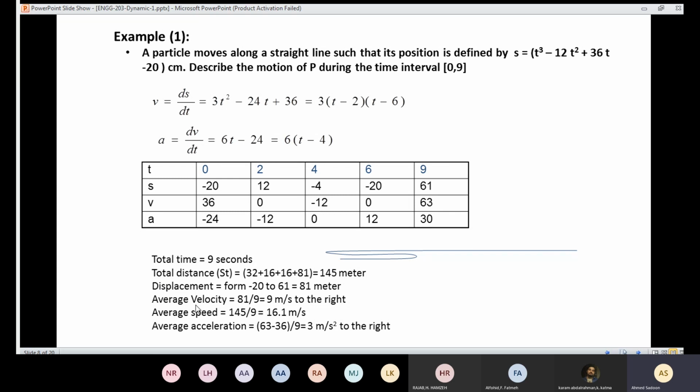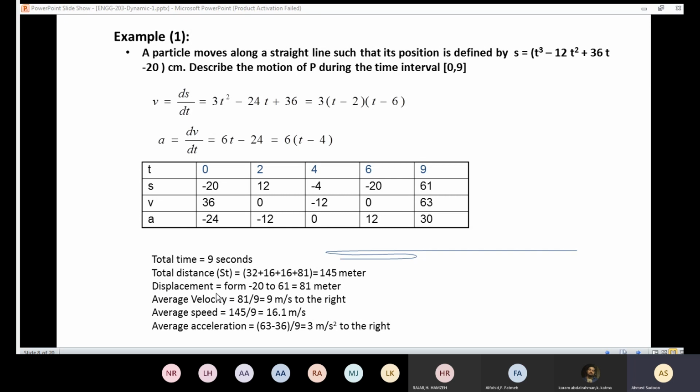Also, I can determine the average velocity, this value here and that value here, over the 9, delta v. Okay, and here I have the average speed. We say that the average speed is going to be s_t over the time. The average velocity is the displacement over the time, like you can see here, and the average speed is s_t over delta t.